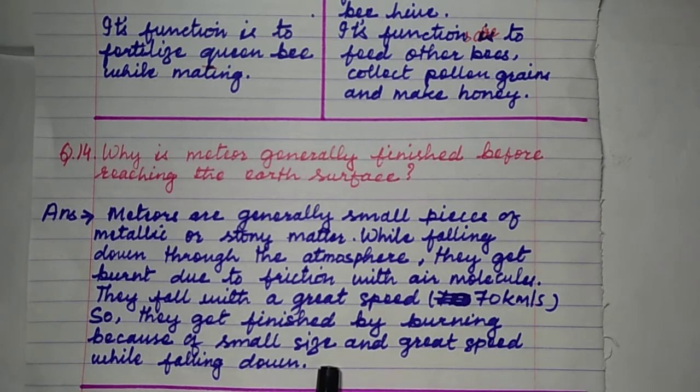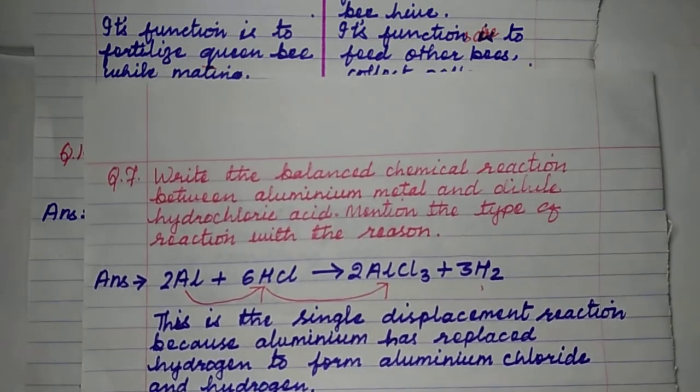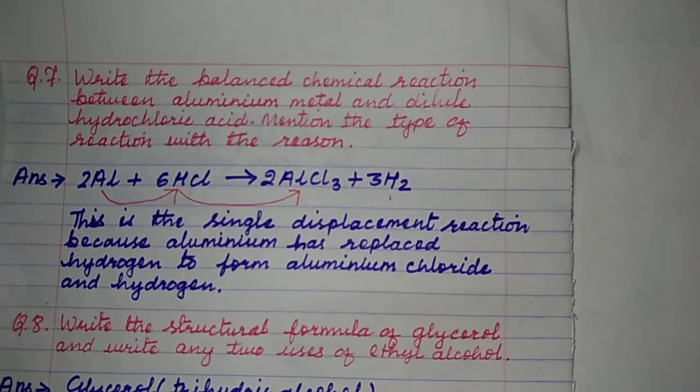So they get finished by burning in the atmosphere only because of their small size and the severe burning due to the great speed while falling down. So this is your answer. And we are going to see next question, that is, write the balanced chemical equation between aluminium metal and dilute hydrochloric acid.